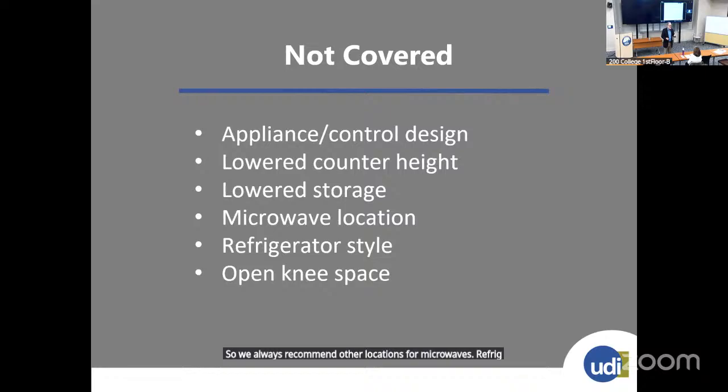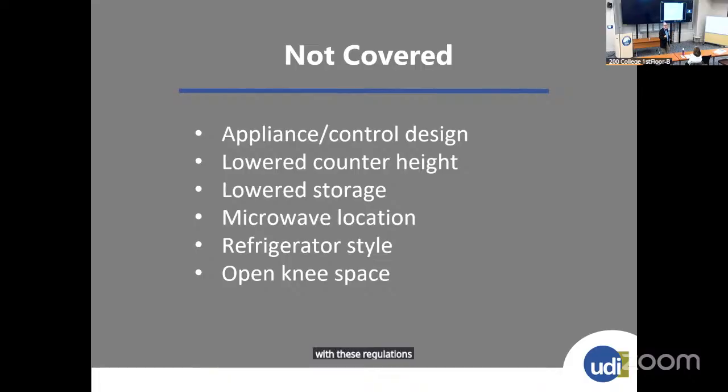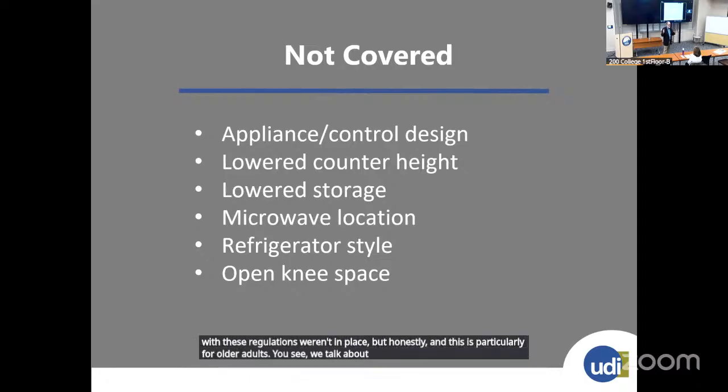Refrigerator styles are specified. We know some are easier to use than others, and there's no open knee space required in kitchens. So it's got a little bit of maneuvering room, a little bit better than you might find if these regulations weren't in place. But honestly, and this is particularly for older adults, we talk about in that context with this demographic of aging in place, that's the big thing.